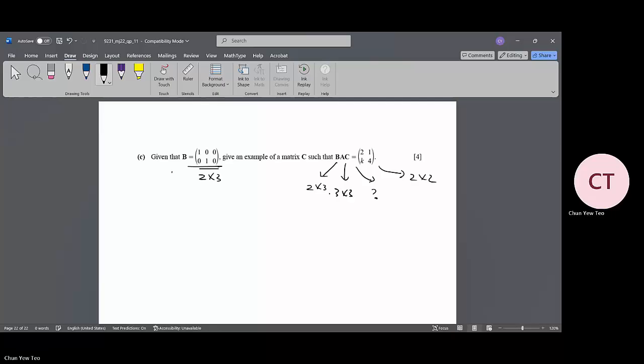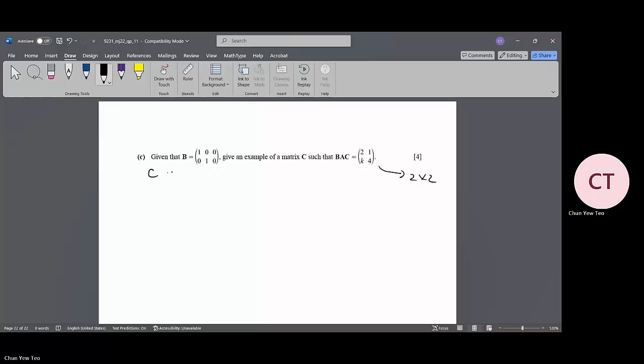So this is the same. And in order to find the dimension of C, these two have to be the same. So the M is a 3. And in order to get 2 by 2, the N will be a 2. So C is a 3 by 2 matrix.